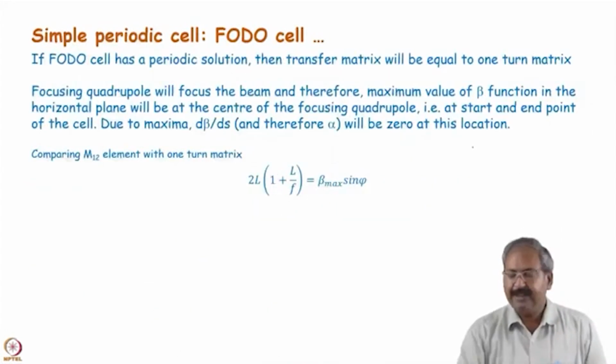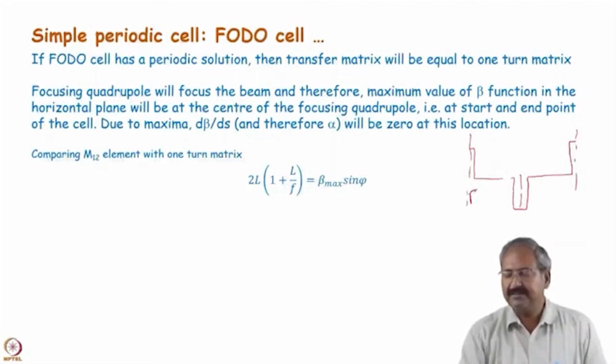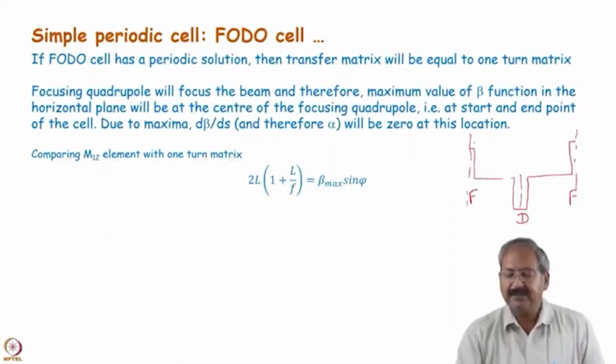So we have made this kind of lattice. This is our cell. This is focusing quadrupole, this is defocusing quadrupole, this is again a focusing quadrupole. So after focusing quadrupole, before focusing quadrupole, beam will have like this, and this magnet will focus the beam, so size will again reduce. So this will give a location of maximum beta.